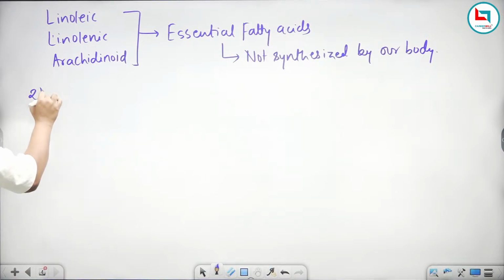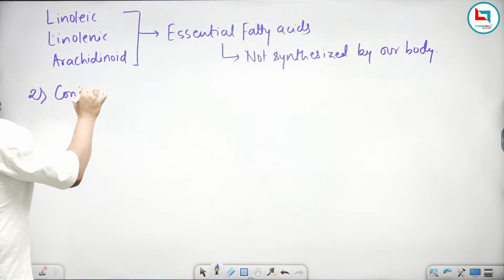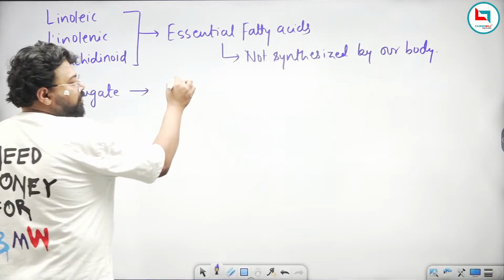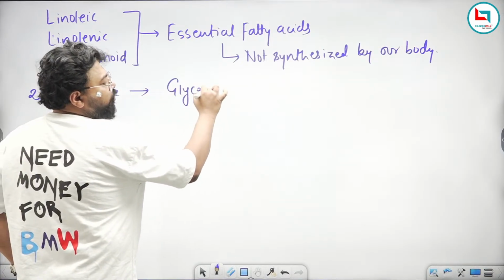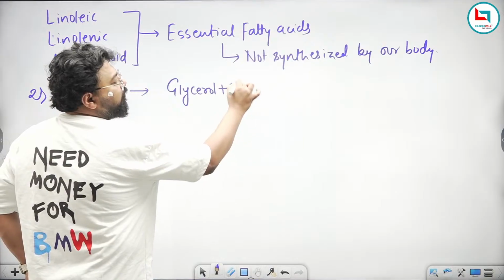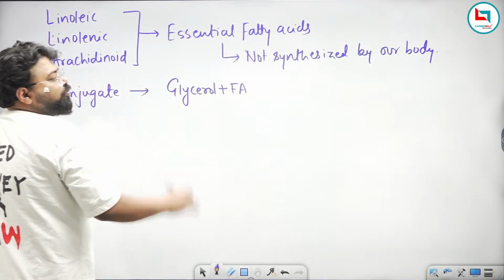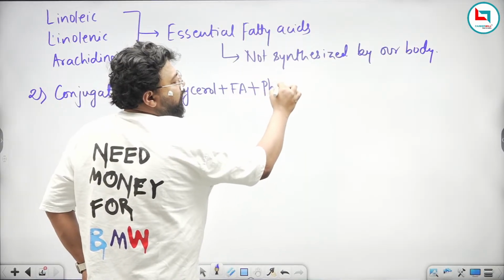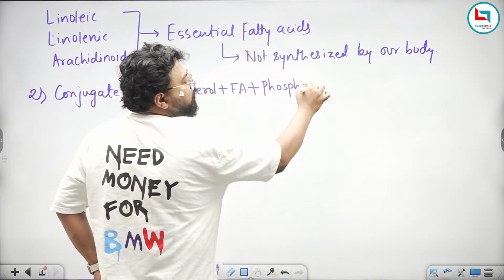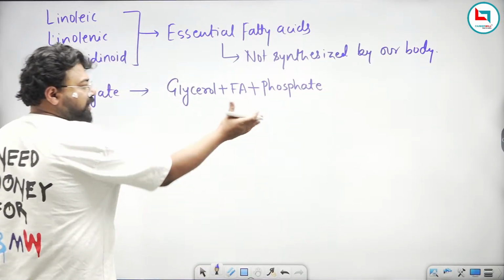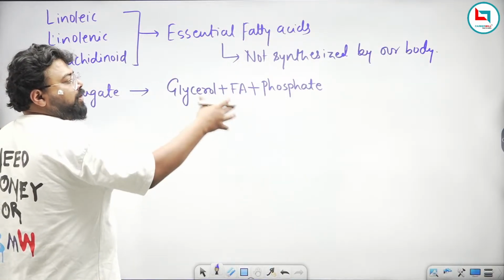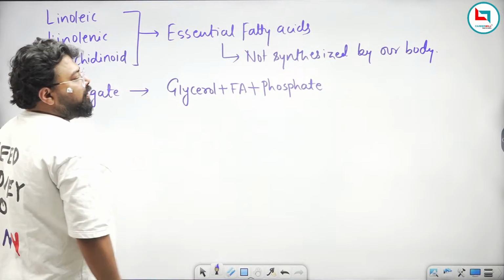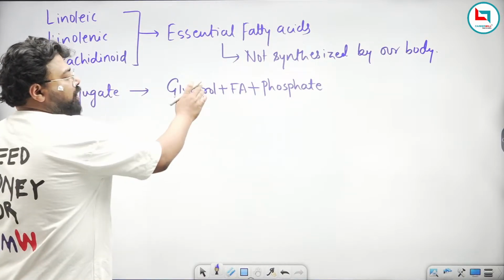Second is conjugate lipid. Conjugate means something is joined. In lipids we have what? Glycerol plus fatty acid. In addition to these molecules, if we have joined another molecule, like a phosphate molecule, then this type of lipid is said to be a conjugated lipid, because something is joined with these basic molecules of lipids.